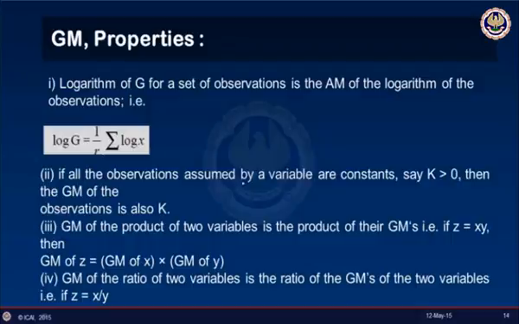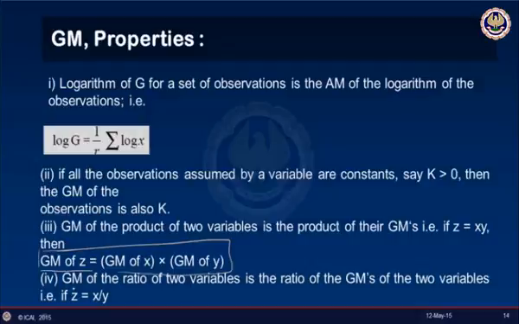If all the observations are replaced by a constant, say k, then the GM of the observations is also that constant. The GM of the product of two variables is the product of their GMs: if z equals xy, then GM of z equals GM of x into GM of y. This is the important property you have to remember.